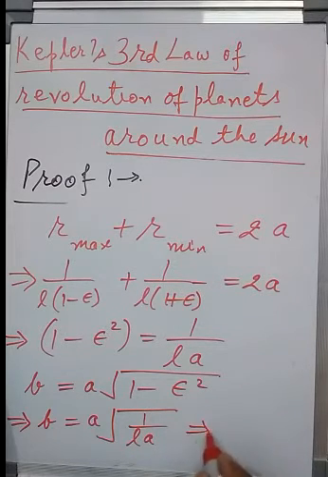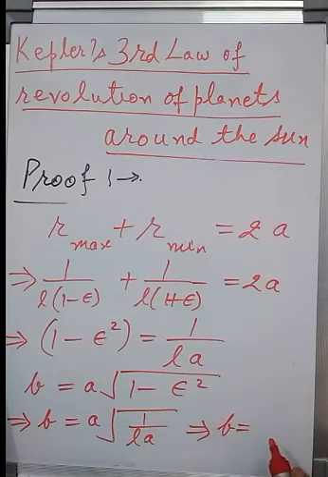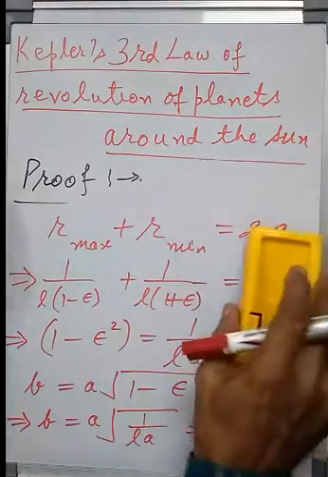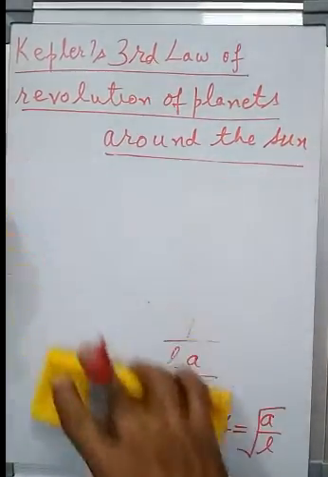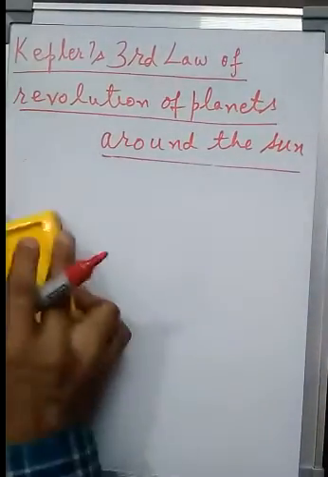After simplification it will give us b equal to a upon the square root of l. This is the value of b. Now I will use this result for proving Kepler's third law of planetary motion.